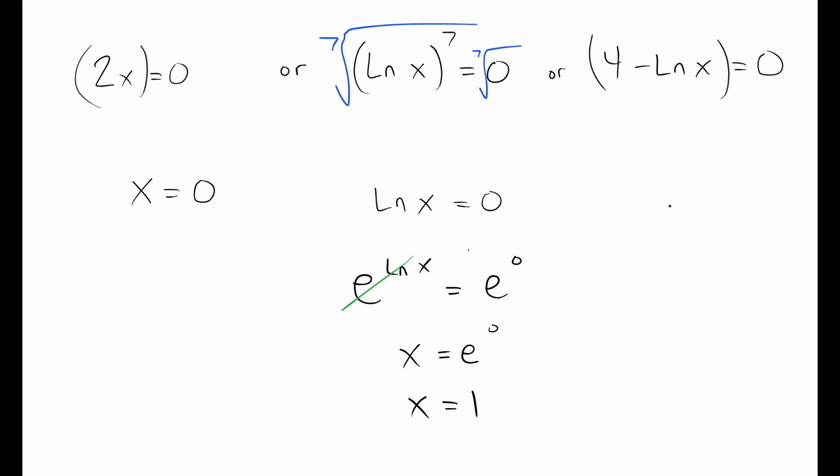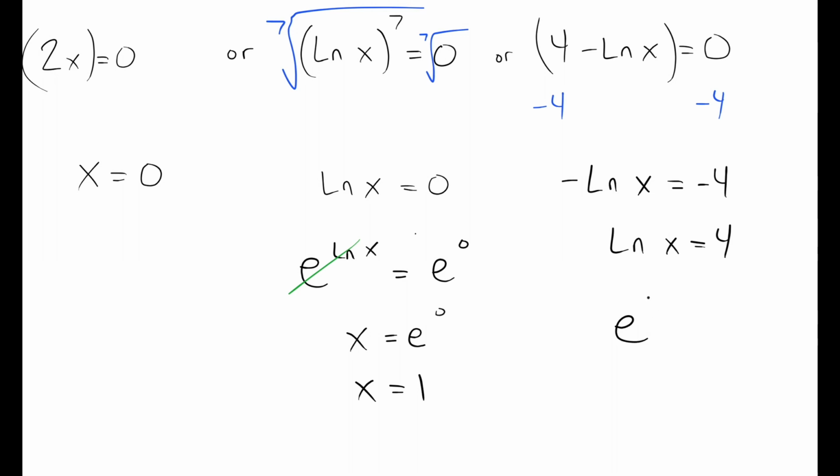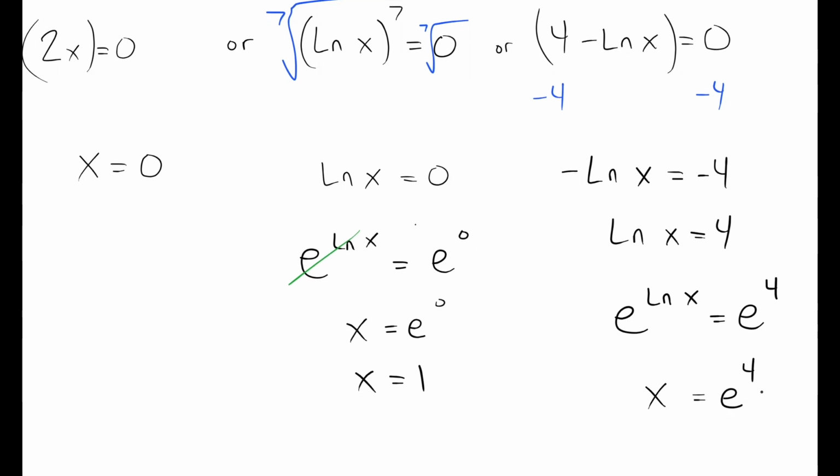Then also, let's subtract 4 here. Negative ln x equals negative 4. Ln x equals 4. Let both sides become the exponent of a base of our choice. So x equals e to the 4th.